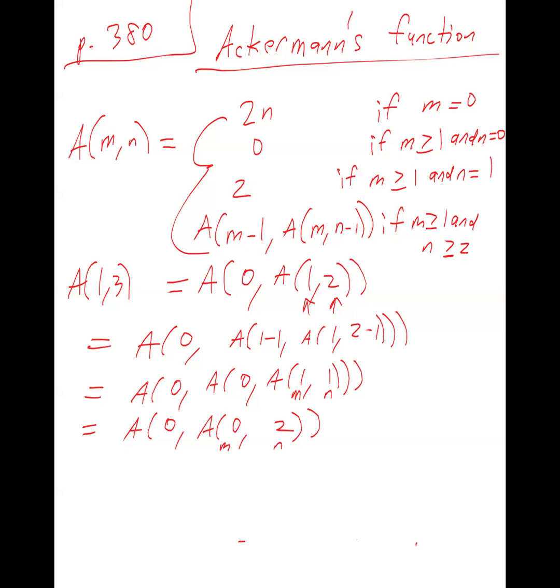And then Caleb, is M equal to 0? Correct. So which of those formulas is going to apply? Taylor's gone now, but Logan, which of those formulas will apply if M equals 0? 2n, right? Correct. So A of 0, 2 equals 2n.